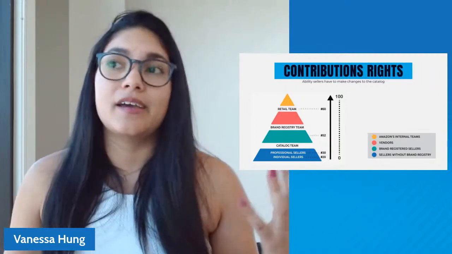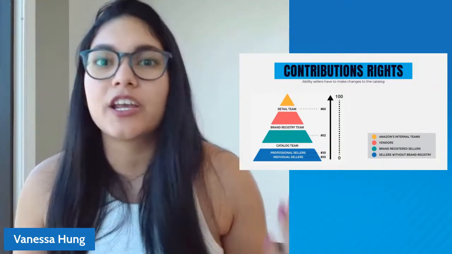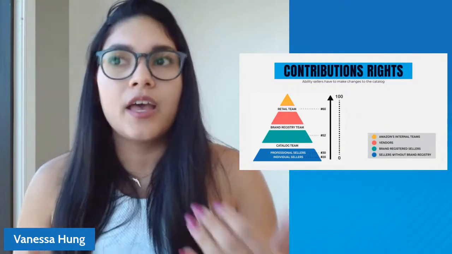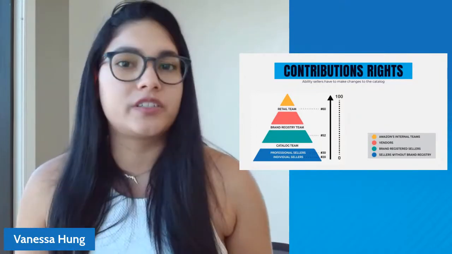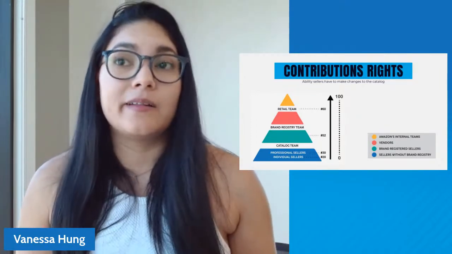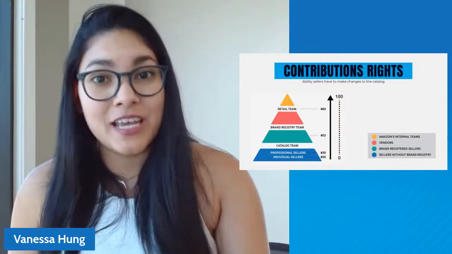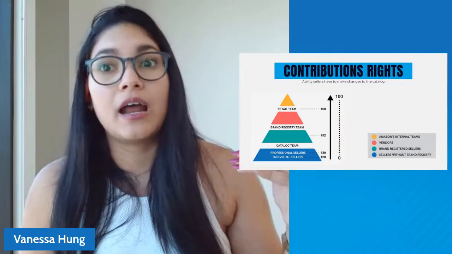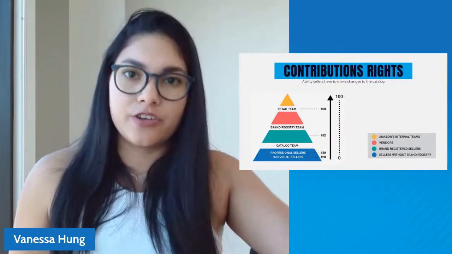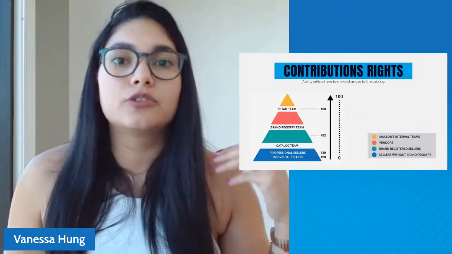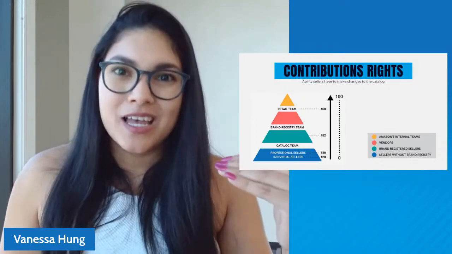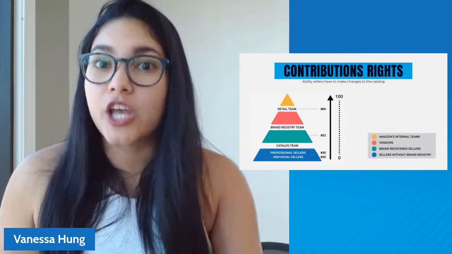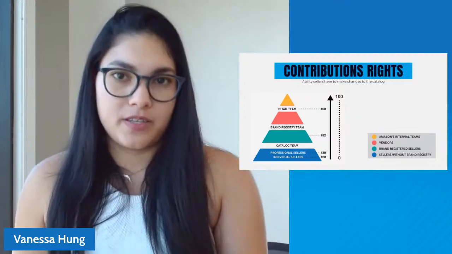So if you say, hey, they changed my listing, they changed my title, and that's not accurate, yeah, exactly. They don't understand your product, but they will make subjective decisions. And once you understand that those subjective decisions are higher in your contributions, you will be able to address that request and address that change with the appropriate team.